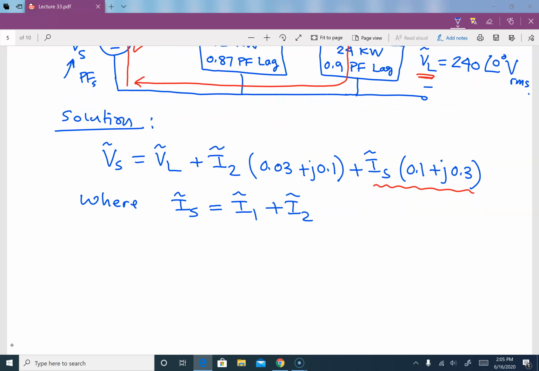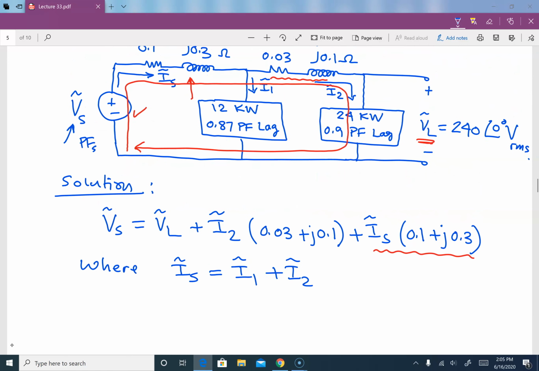Now to get our I2, we do have 24 kilowatts, we know the power factor, and of course we know the voltage for that load.